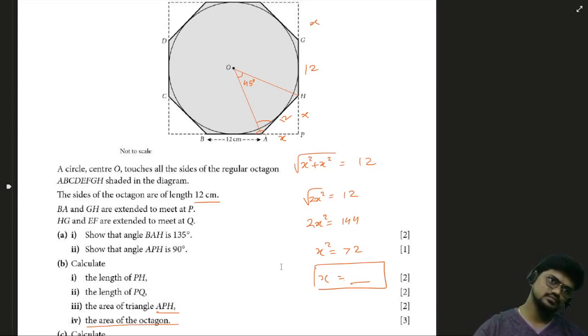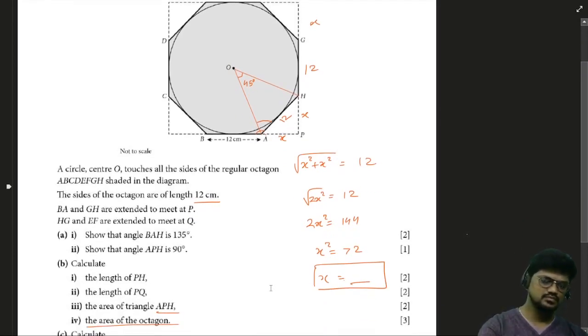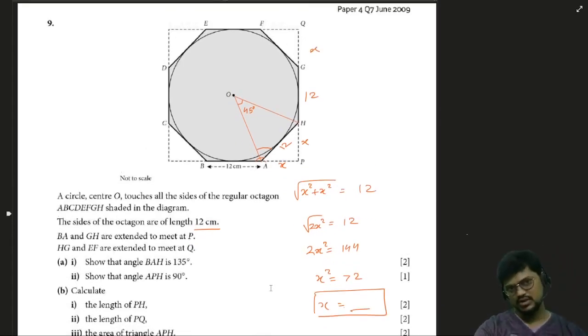How will you find the area of one triangle? Half AB sine C. But what is A and B? Did they give you the radius of the circle? No, they did not give you. So how will you find the radius? Palak, you're thinking?